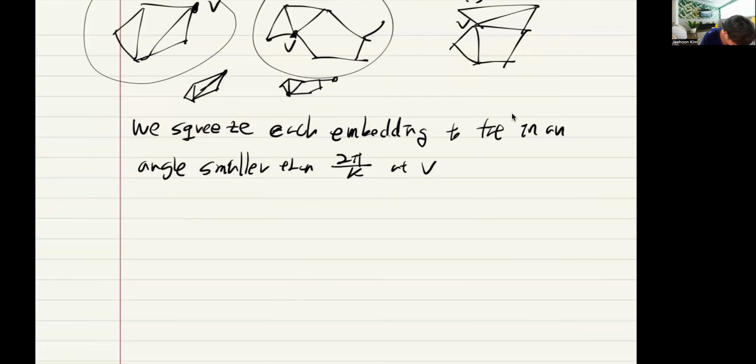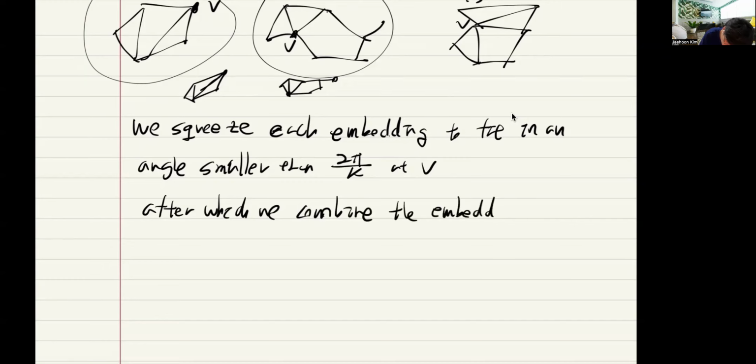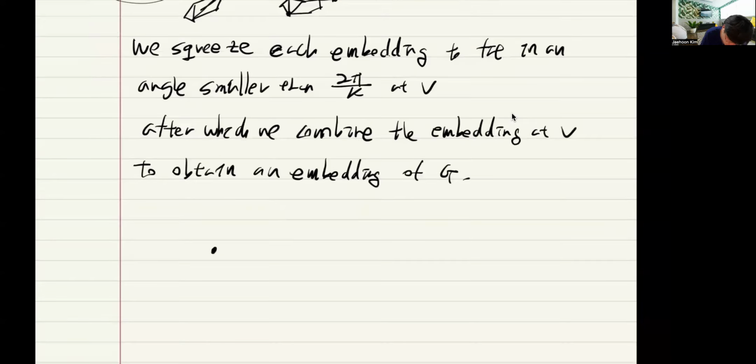Then after which, we combine the embeddings at B to obtain an embedding of G. Meaning that once we have such a thing, we take B and then we divide the region into k regions.